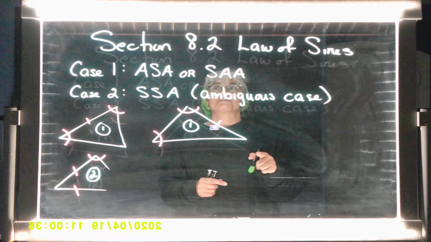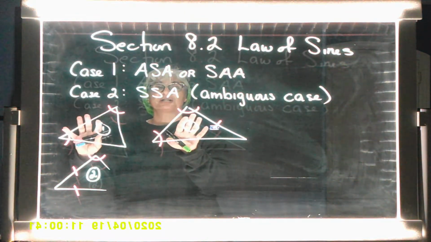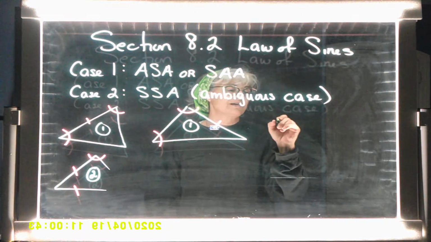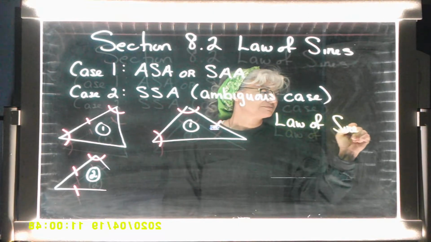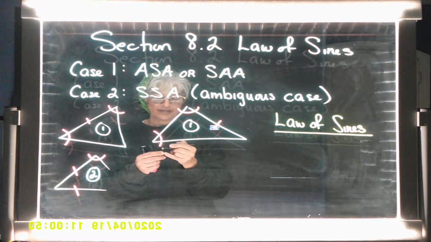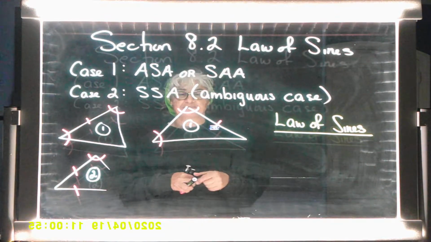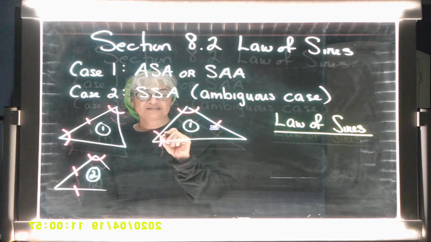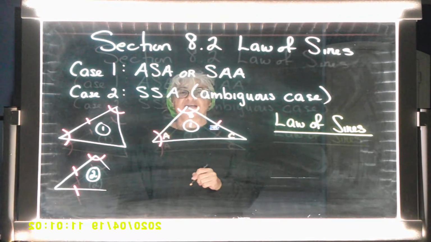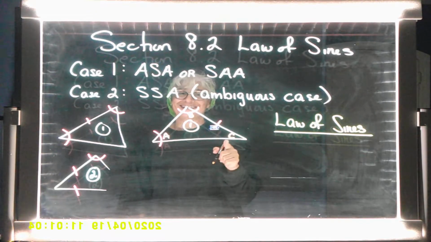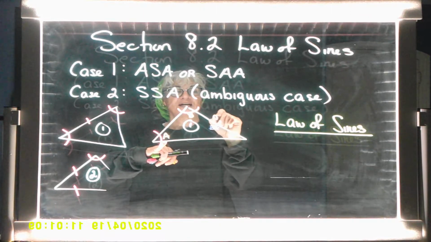What I'd like to talk about is actually the law of sines. These 2 cases for non-right triangles, the law of sines is nothing more than a proportion. And let's make certain that we understand how triangles are labeled. So, if this is angle A, and this is angle B, and this is angle C, then the corresponding sides, the side opposite angle A would be called side a.